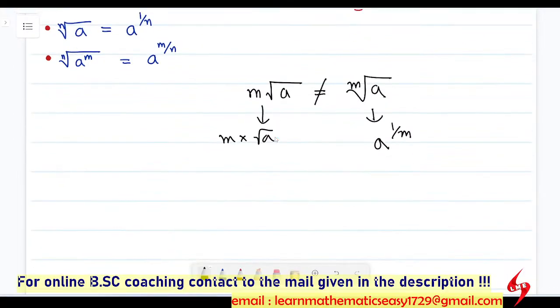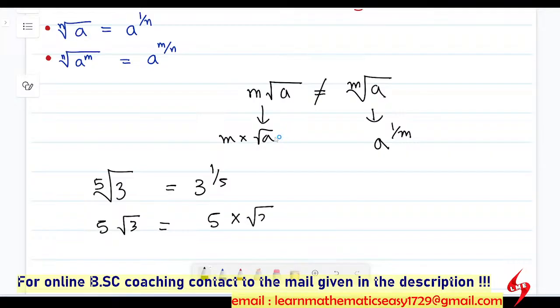If I take an example, the 5th root of 3 is 3 to the power 1 by 5, and 5 root over 3 means 5 into root over 3. So always remember this thing.